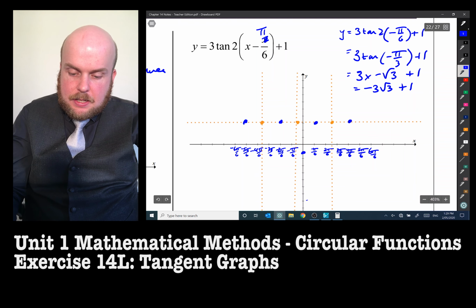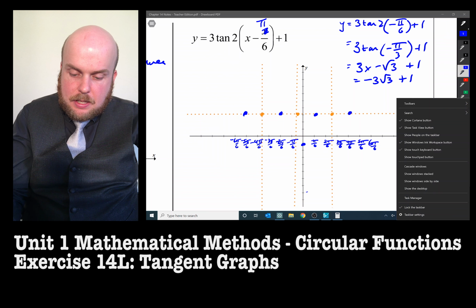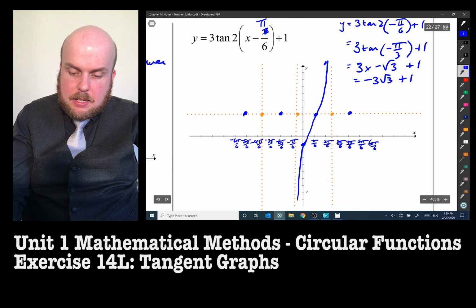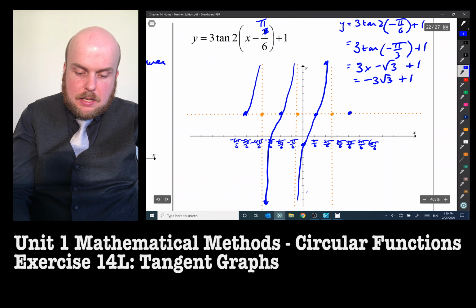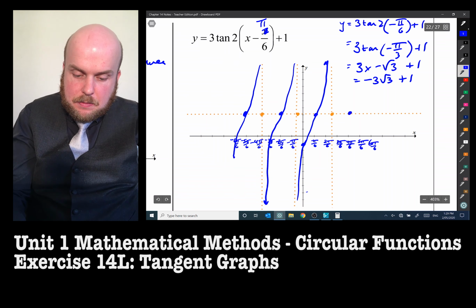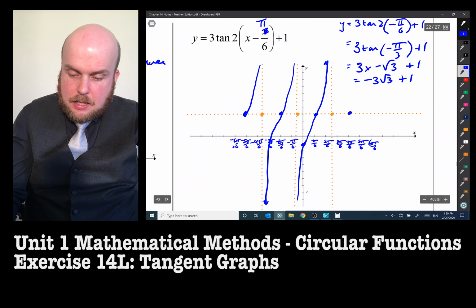So we should get a graph looking something like that, looking like that, and it would end at the same point, so it's going to end there.